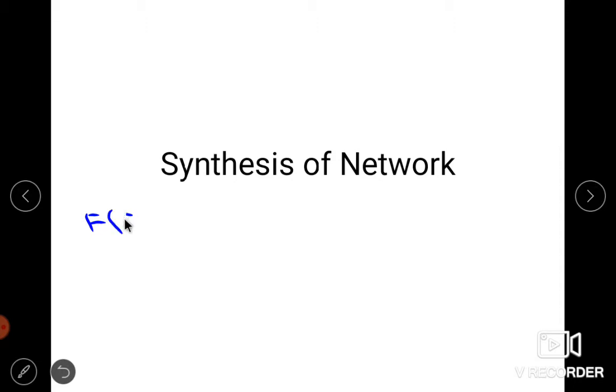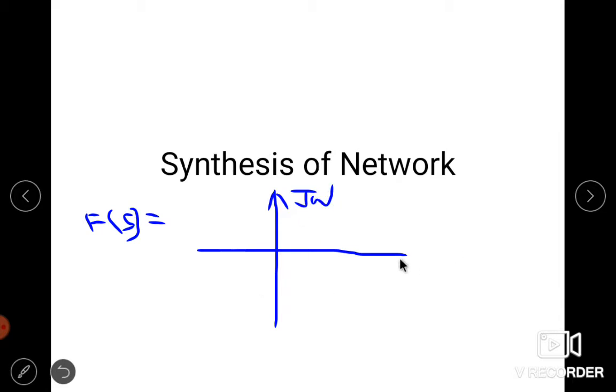See, all students, be careful and make it clear. If I say F(s), how is it graphically represented? If I take the x axis and y axis, then in this direction we take the jω imaginary axis, which defines frequency domain, so we write it as jω. And in the other direction we take sigma. So these two are there: one is the imaginary axis and this is the real axis.